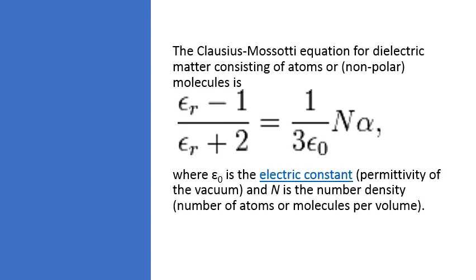The Clausius-Mosotti relation for dielectric matter consisting of atoms or molecules is (epsilon r minus 1) over (epsilon r plus 2) equal to 1 upon 3 epsilon 0 times N alpha, where epsilon 0 is the electric constant or permittivity of the vacuum, N is the number density, the number of atoms or molecules per unit volume, alpha is called polarizability, and epsilon r is relative permittivity.